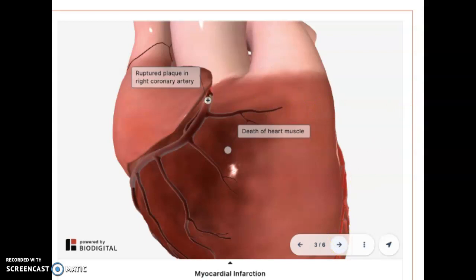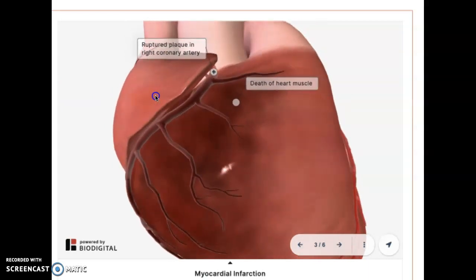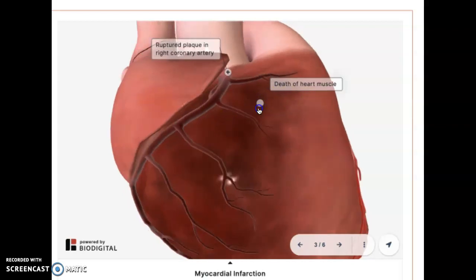So the third condition is called a myocardial infarction. That's just a fancy way of saying heart attack. You've probably heard of what a heart attack is before. A heart attack occurs due to the death of heart muscle tissue.